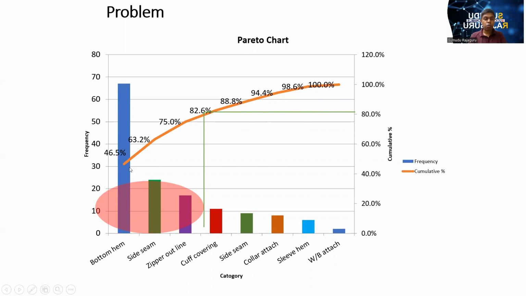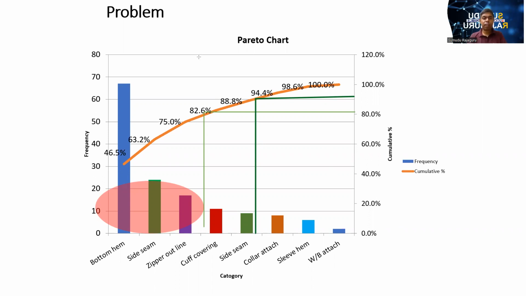If we want to solve 90%, for example, we have to project 90%, and it may be like here. So if we want a 90% solution, how many problems do we have to solve? 1, 2, 3, 4, 5 problems.